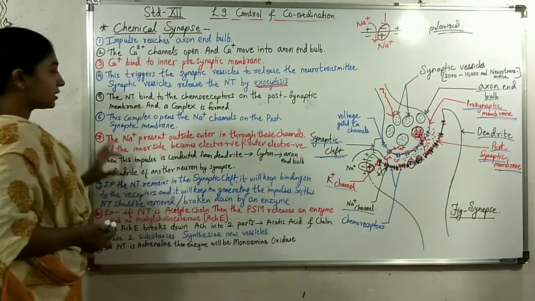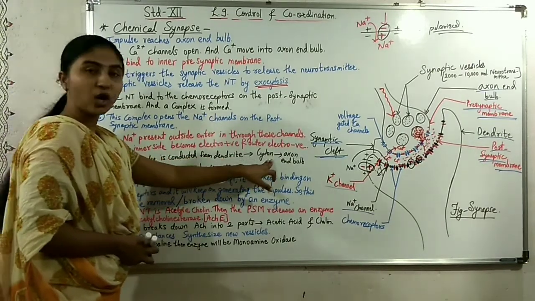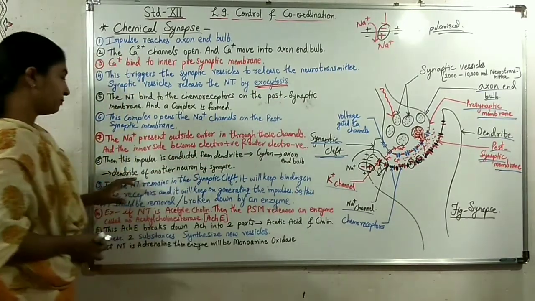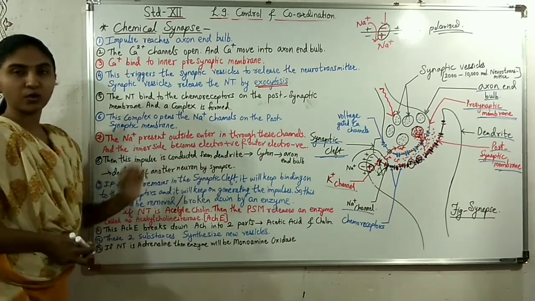Now this impulse is conducted from the dendrite to the cyton and the axon end bulb of another neuron, and from the axon end bulb to the dendrite of another neuron by synapse.